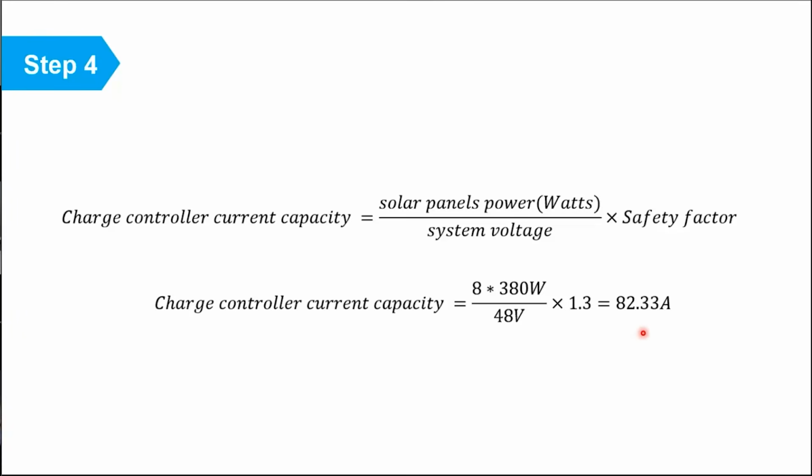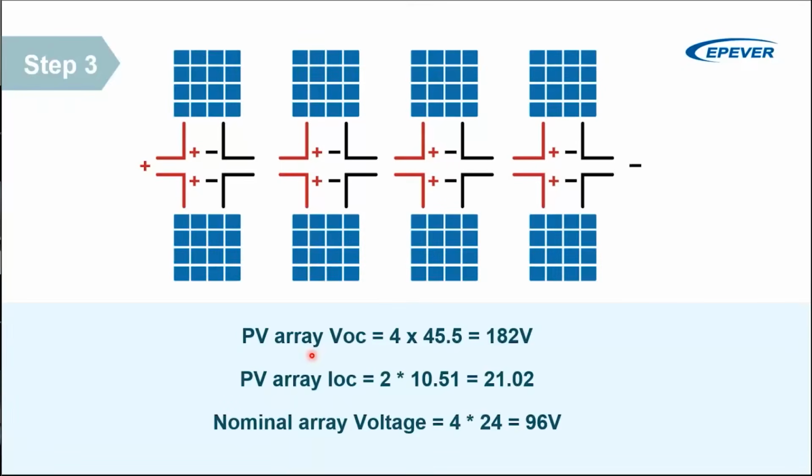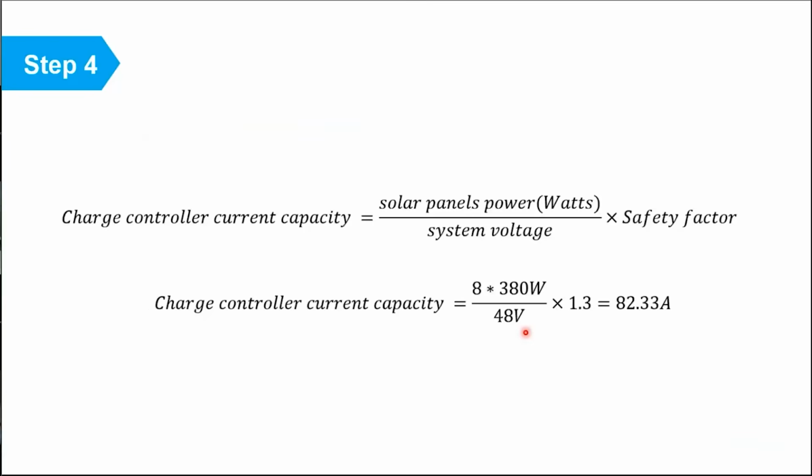82.33 amps charge controllers. So this charge controller should be able to tolerate the open circuit voltage of my array, which is 182, and should have the charging capacity of 82.